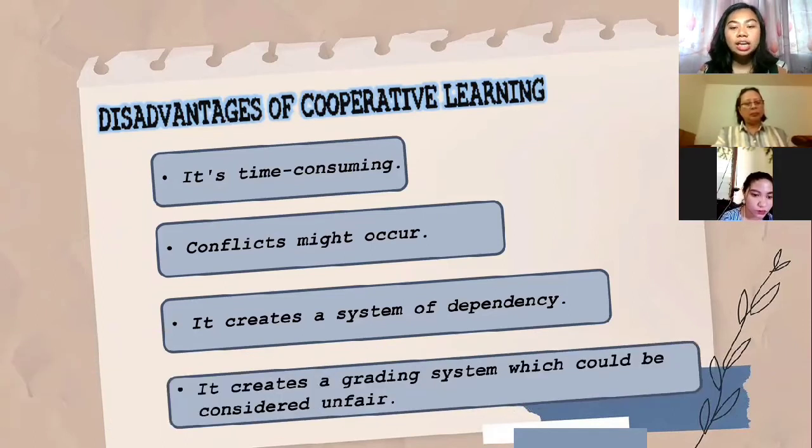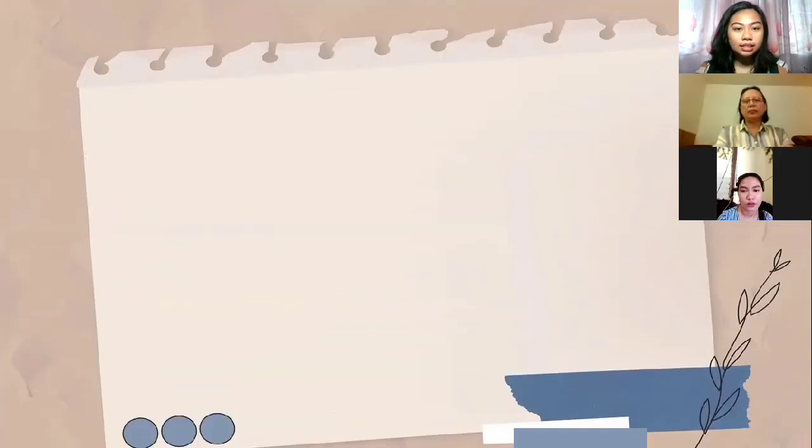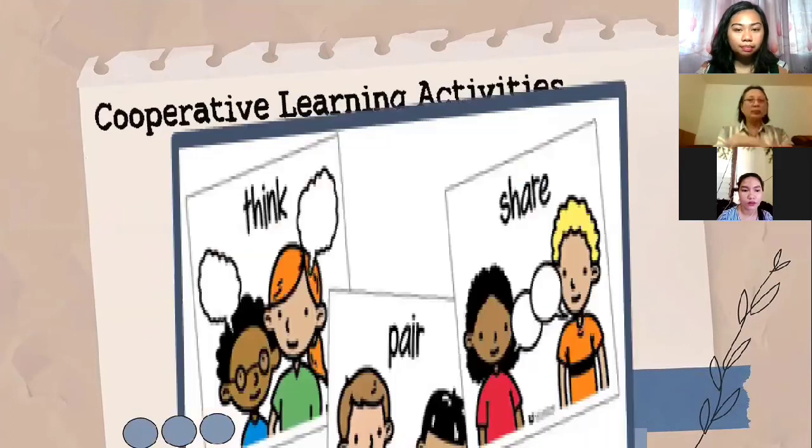Next, it creates a grading system which could be considered unfair. So back to the role of the teacher, you have to be the moderator. You don't show favoritism to students. So I think this is the last slide. Wait, not there.